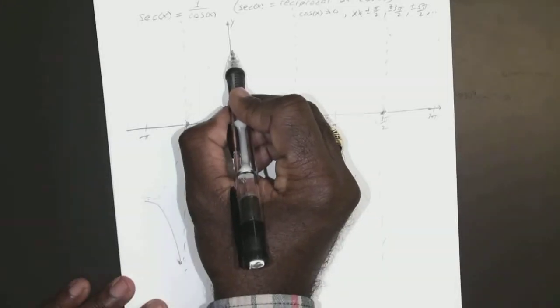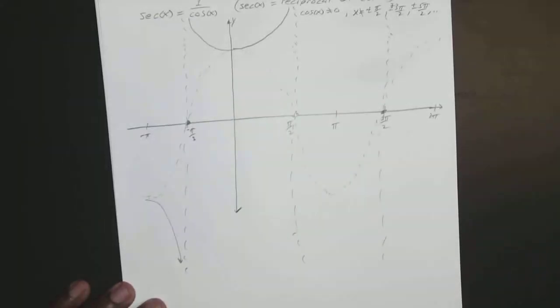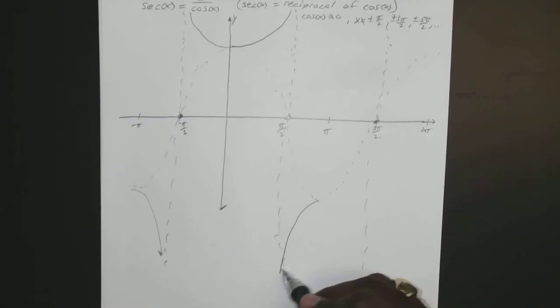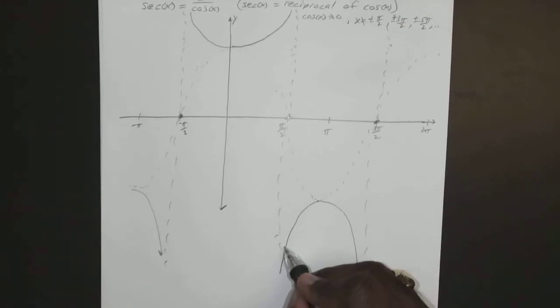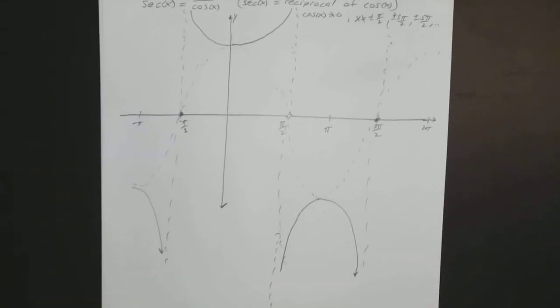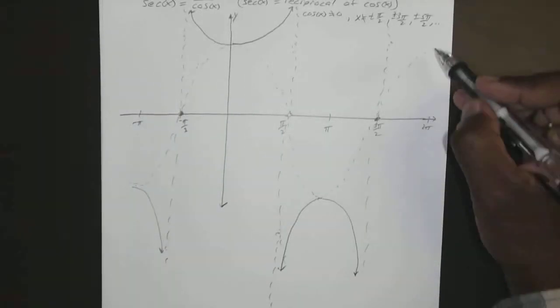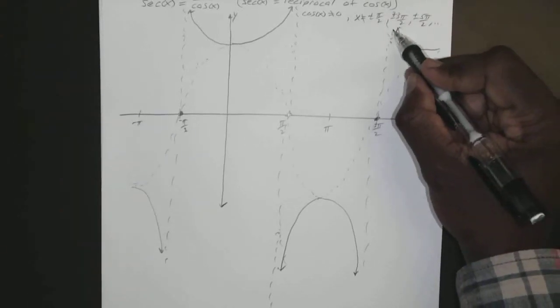This one flips here. This one flips there. I'll draw little arrows on the end because they go up forever and ever. And this one flips like that.